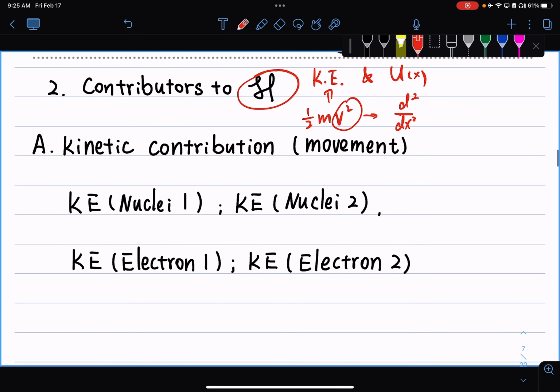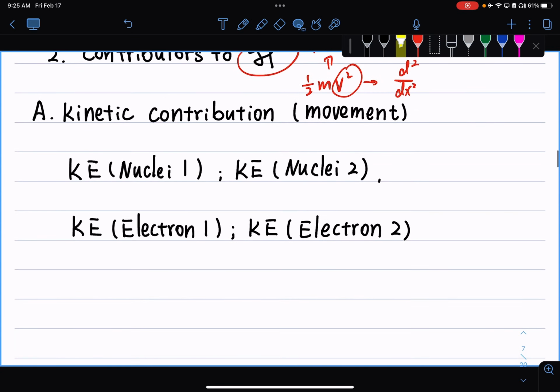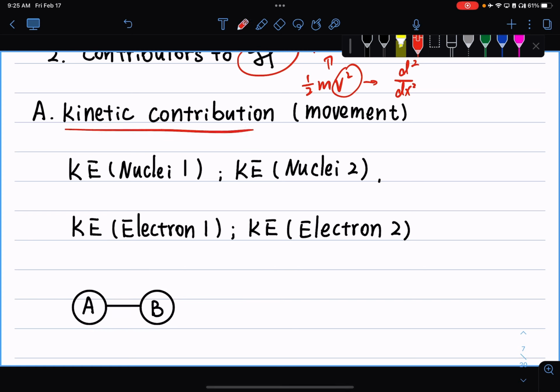So what are the contributors to the Hamiltonian equation in the scenario of our molecule AB? Apparently, we can have the kinetic contribution, just talking about the movement of your nuclei and the electrons. So how many things do we have? Just imagine we only have one electron on each atom.